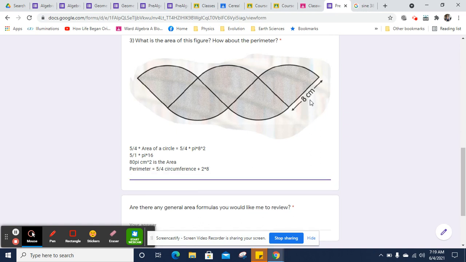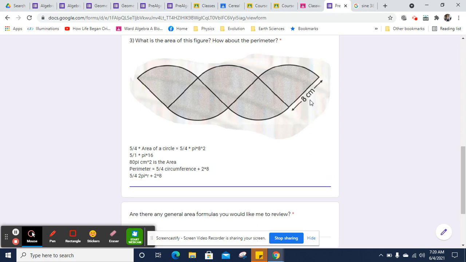And the circumference, so 5/4 of the circumference is 2 pi times r, and then plus 2 times 8. Okay, so let's work out 2 times pi times r. Well, r once again is 8, so it's 5/4 times 2 times 8. That's 16, times pi, I mean. And then that's plus 16 as well.